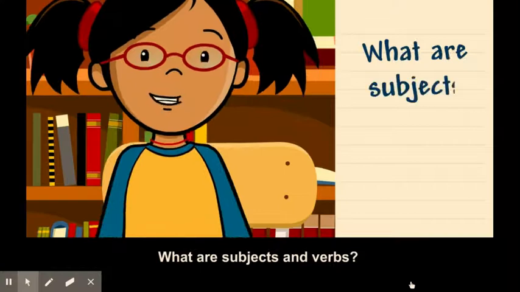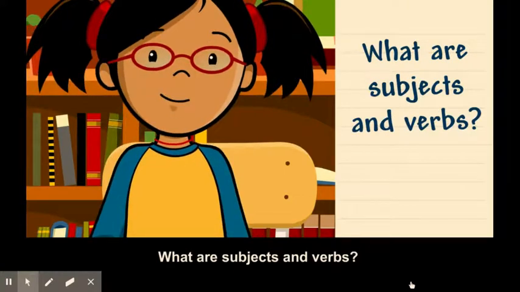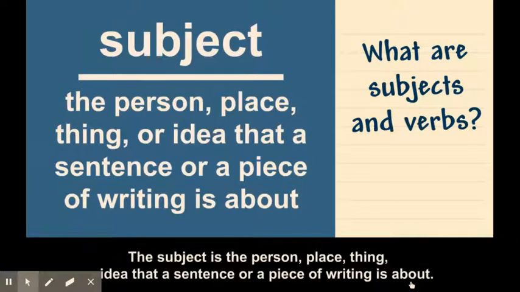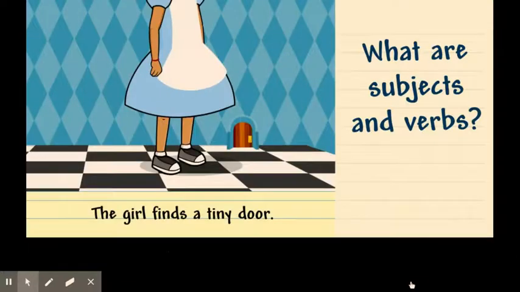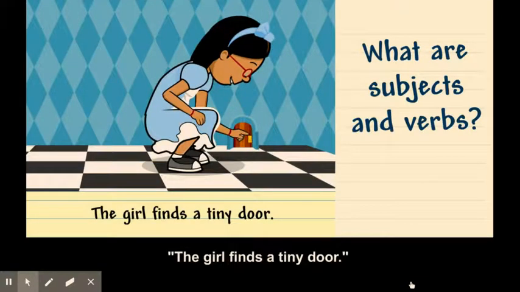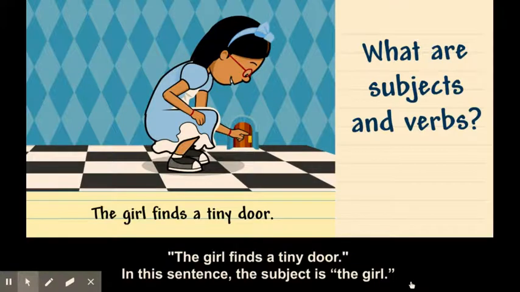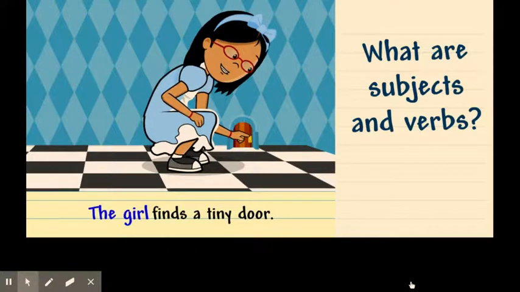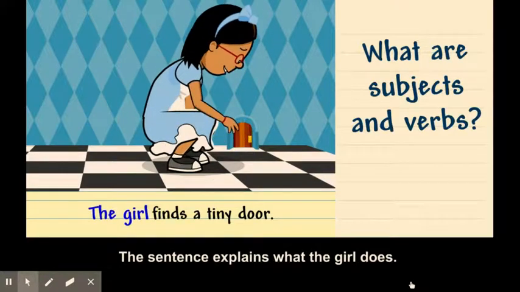What are subjects and verbs? The subject is the person, place, thing, or idea that a sentence or piece of writing is about. The girl finds a tiny door. In this sentence, the subject is the girl. The sentence explains what the girl does.